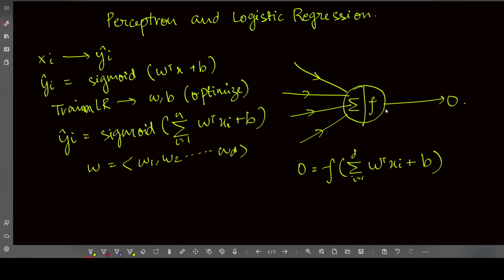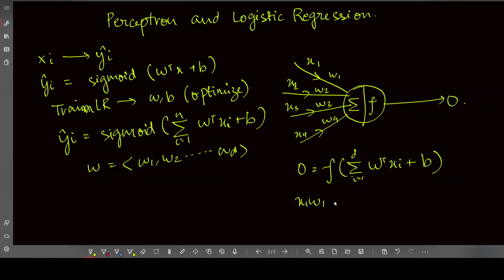If I want to model logistic regression using a perceptron, I can do it this way. Let's say I have four inputs: x1, x2, x3, and x4, right? And I give each one of these inputs some weight: w1, w2, w3, w4, right? So the summation will ensure that I have the sum of all of these. So look, if I'm getting x1 with a weight w1, so that is x1 w1, right?